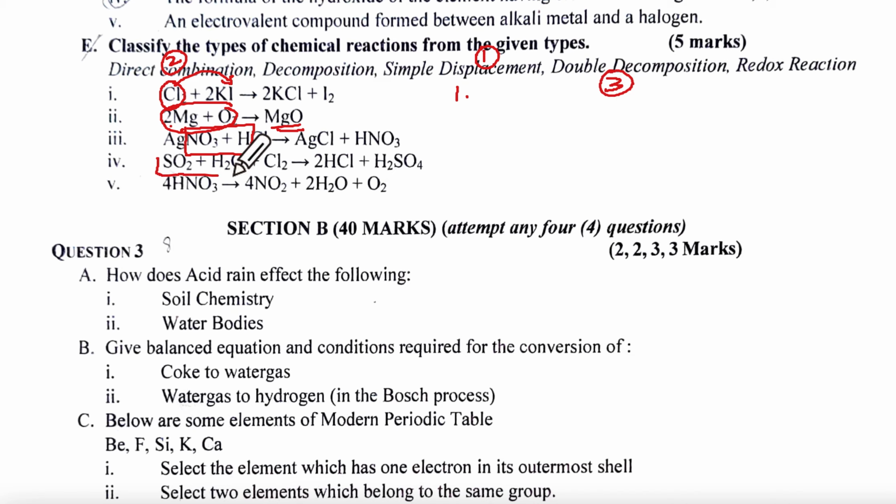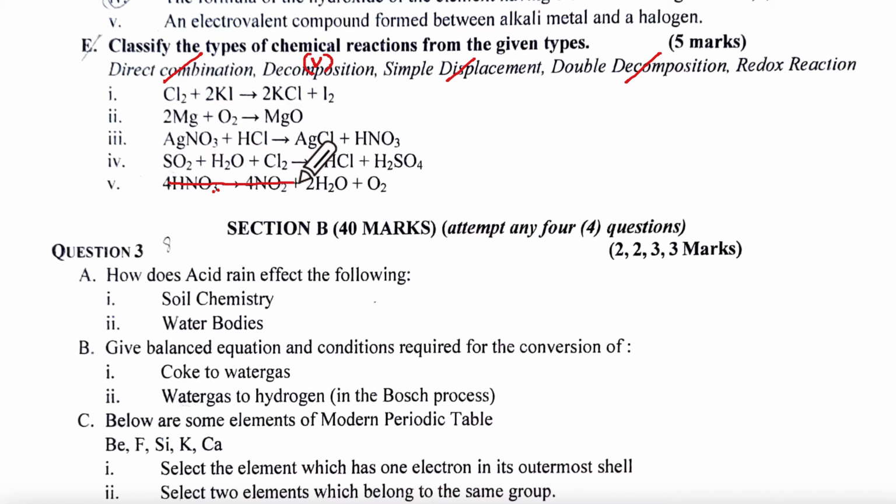What is this now? What is this? So we finished with this, we finished with this, we finished with this. Okay. Now, this one will be decomposition. Yes, this one. Correct.